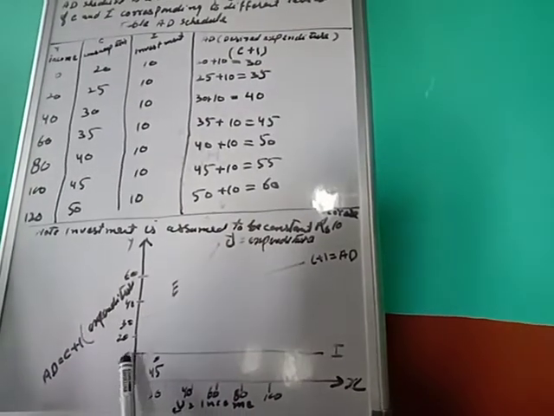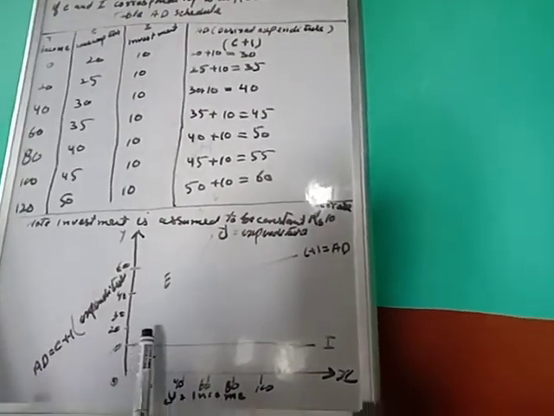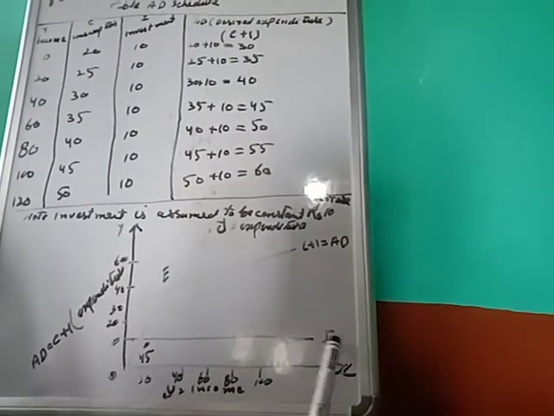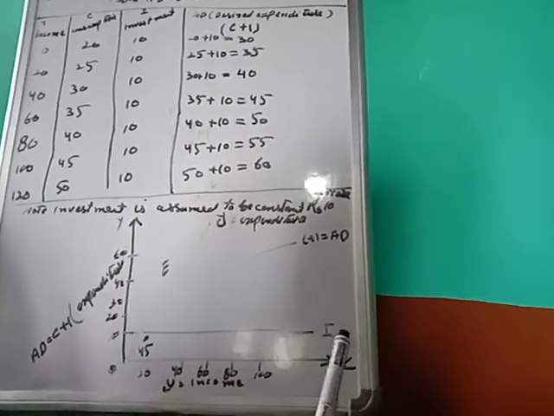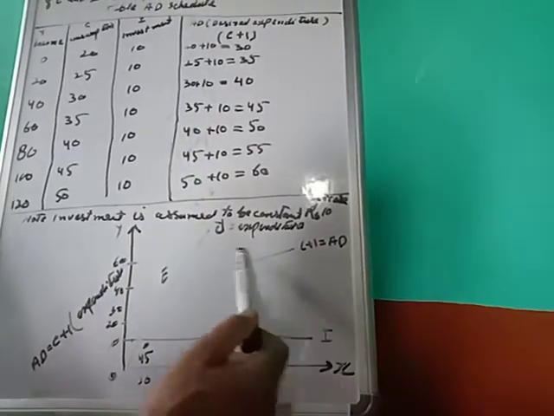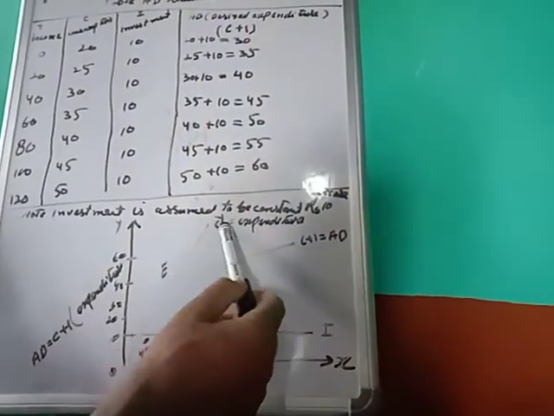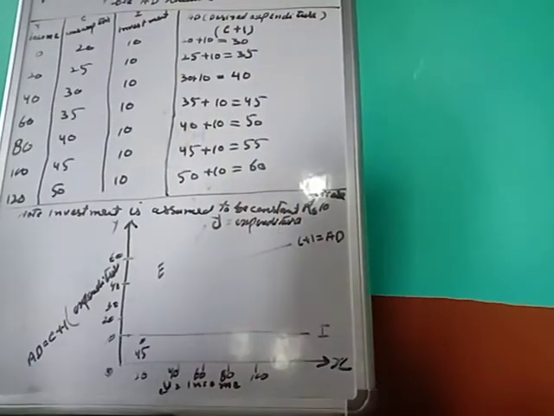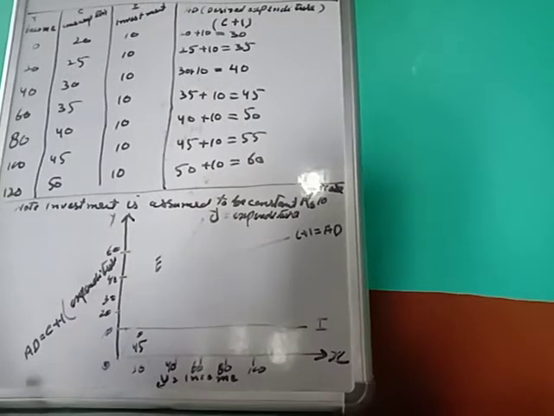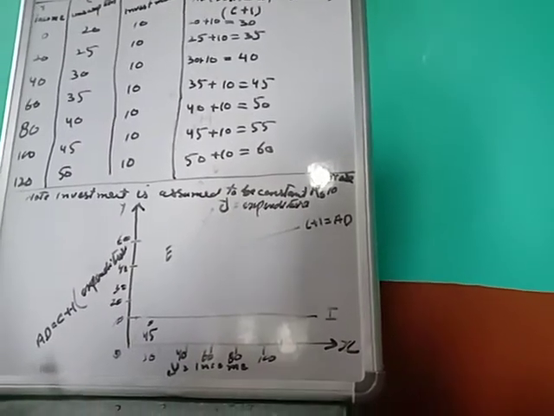The first line shows the 45 degree angle. This line parallel to the x axis is investment, and C plus I is called AD, which shows expenditure. AD starts from 30 on the y-axis.